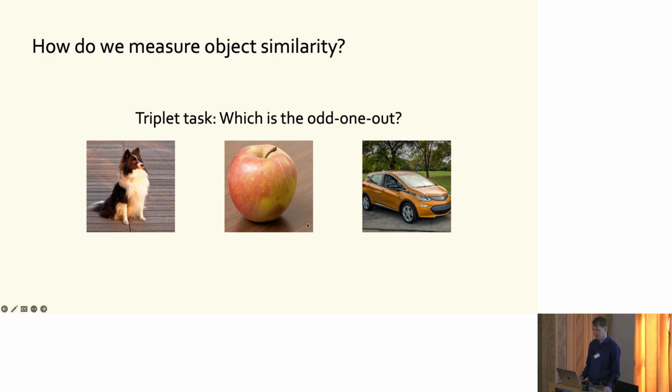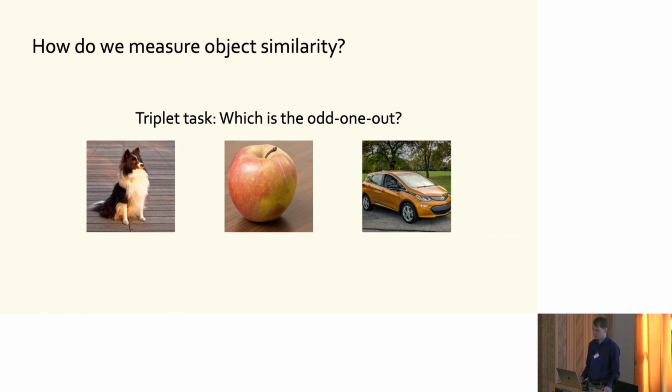But another thing that's quite nice about this triplet task, and this is a problem that was raised in the late 70s, is that it overcomes a big challenge of the contextual dependence of similarity ratings, where we know that similarity judgments really depend on the context in which you're showing them.